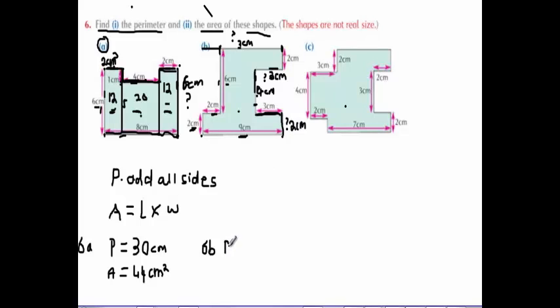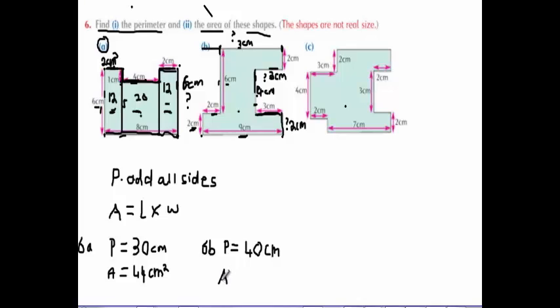So here I can put in P equals 40 centimeters. And that's my perimeter. It's often easy to think of a perimeter as a fence that goes around a field, or a wall that goes around your garden.